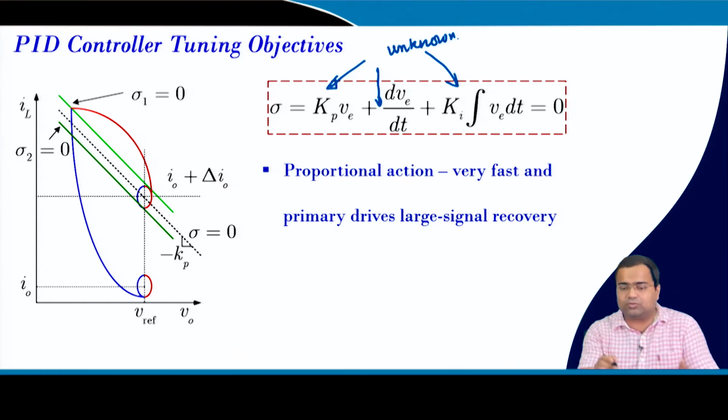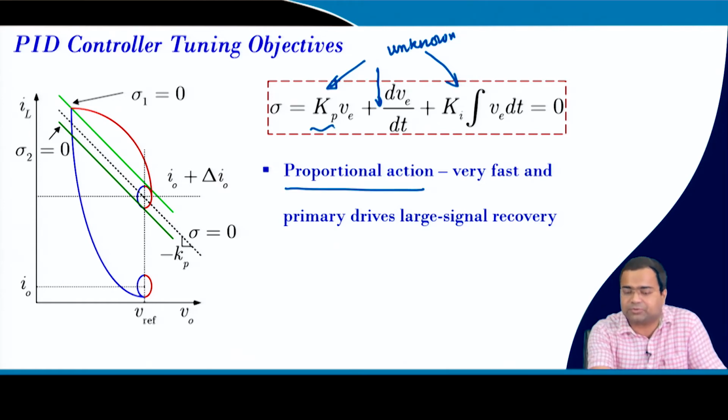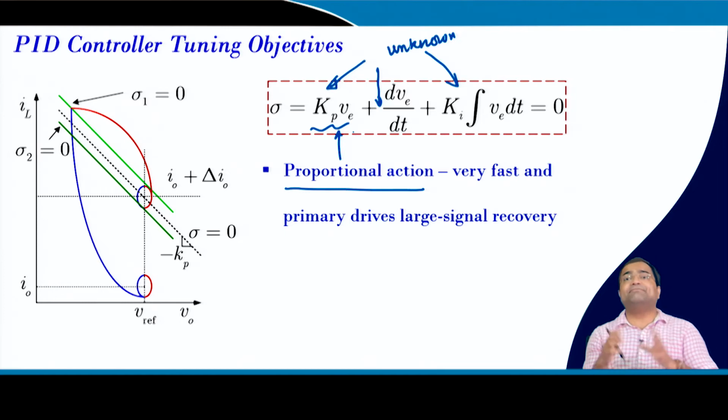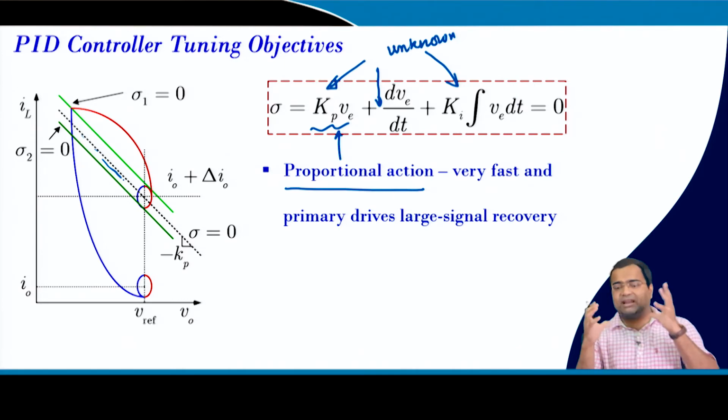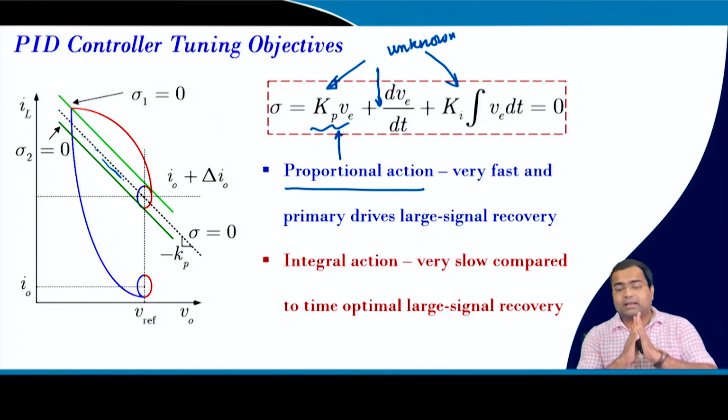Now, out of these 2, the proportional action which corresponds to this is very fast, because this primarily drives the switching action, the switching surface, and which will act during a large signal transient, right. Because it is so fast that during the large signal, this proportional gain is going to decide the shape of the trajectory. But integral action is used to remove the residual error, so that the output voltage will approach the reference voltage.